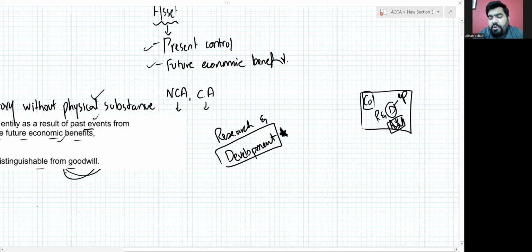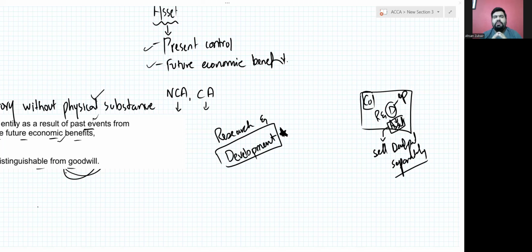Can you sell development separately? Separately means that if you want some money, some cash, you can't sell the development separately.